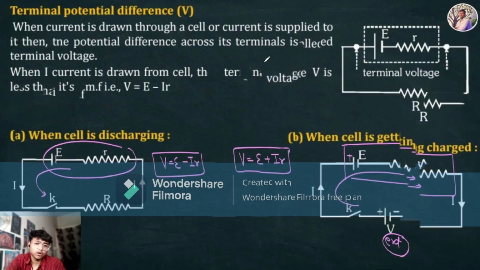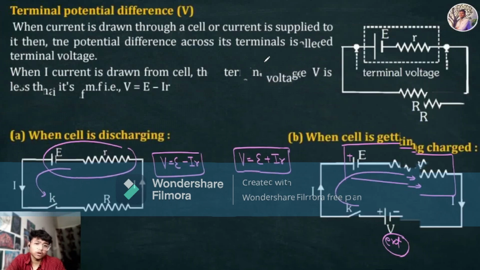So how will we find the current in this branch of the circuit? We are given 4 ampere and 3 ampere here, so it will constitute 7 ampere current in this whole branch, and here 2 ampere is going out.